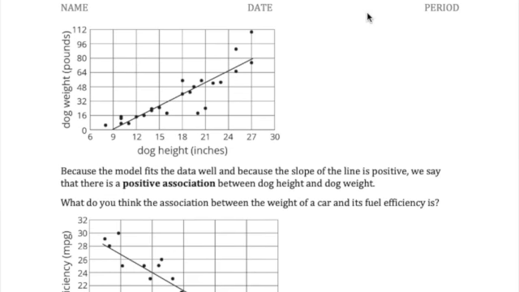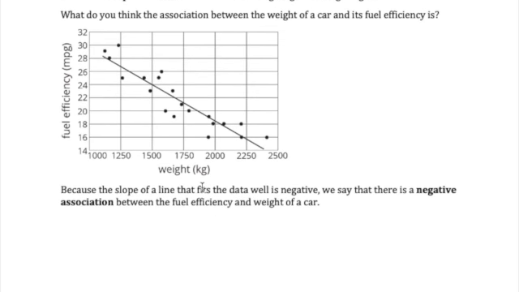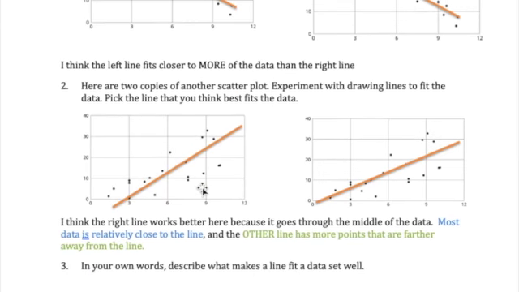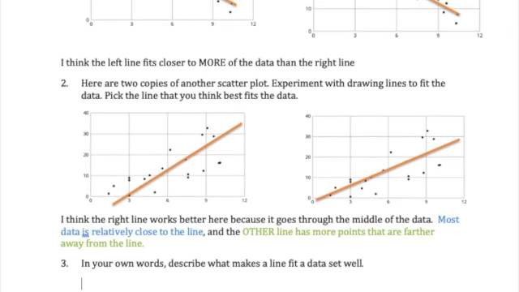So if the line is a good fit, if it has a good fit, the line is going to be close to a lot of the data and not too far from any of the data.